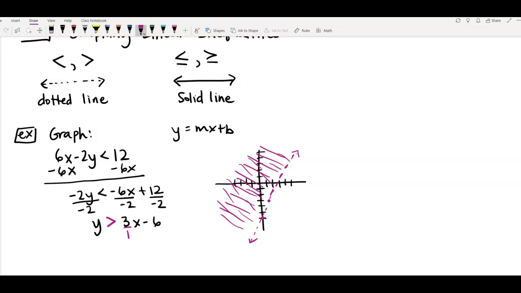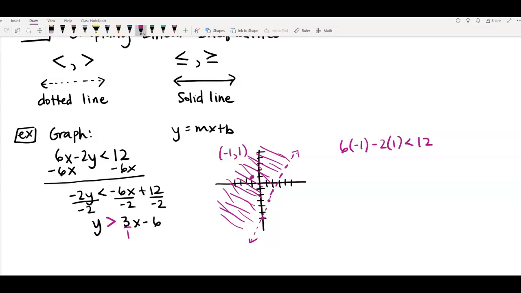Just all of the stuff. So if I was to pick a point over here like negative 1, 1, and I put that point in place of my x and y, then I'd have 6 times negative 1 minus 2 times 1.